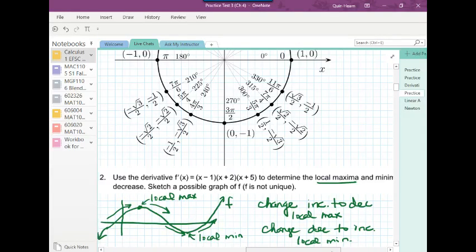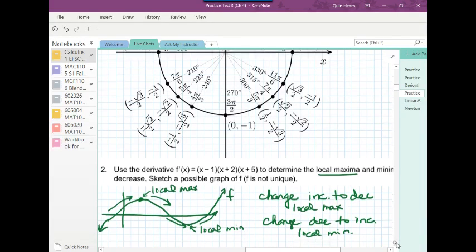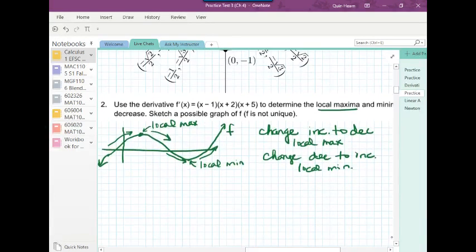And if we have a change from decreasing to increasing, we're going to have a local minimum. So when they tell us to use the derivative f prime of x equals x minus 1 times x plus 2 times x plus 5 to determine the local maxima and minima, we're going to use what's called the first derivative test. We're just going to look for this change in the derivative.